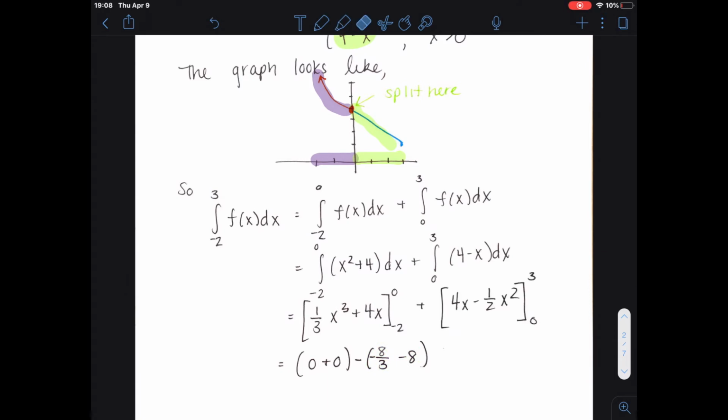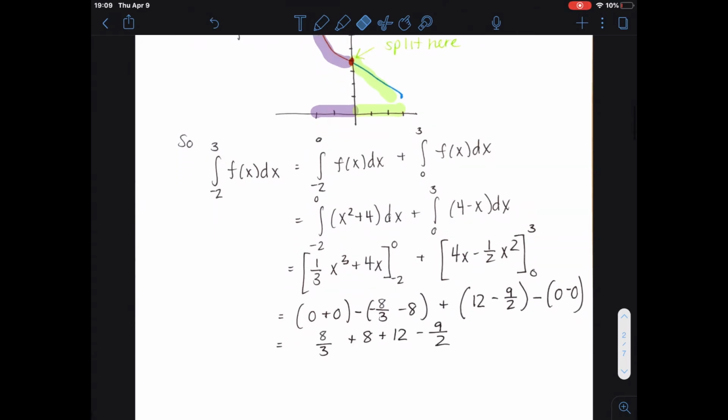For the second one, you find the antiderivative of 4 minus x, so 4x minus 1/2 x squared from 0 to 3. So you plug in 3 first and then subtract plugging in 0. Then it's a matter of just simplifying. So if you do go through this whole thing, it'll end up being 18 and 1/6.